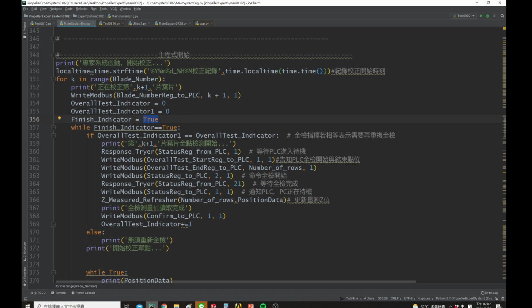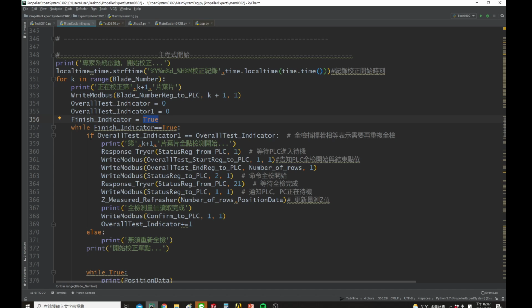Okay, so the whole process is covered by two loops. One is the process working on the blade tuning and overall testing, and a bigger loop is to check if we still need to work on this blade.